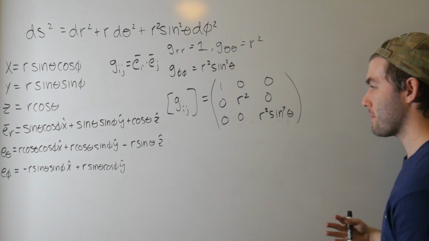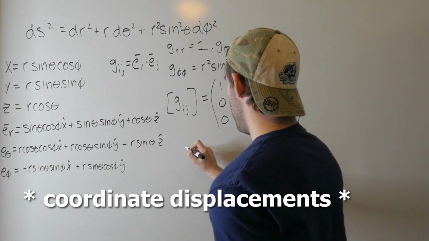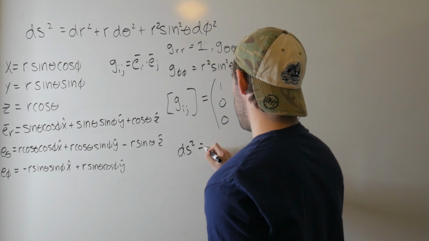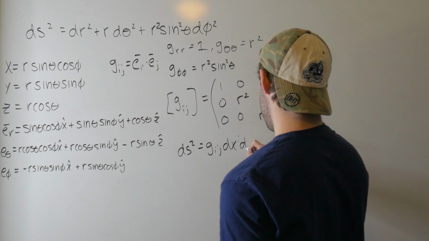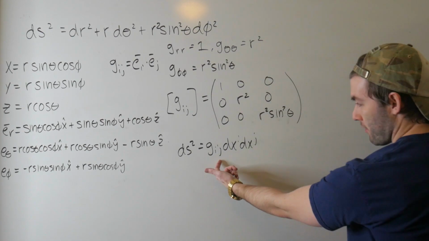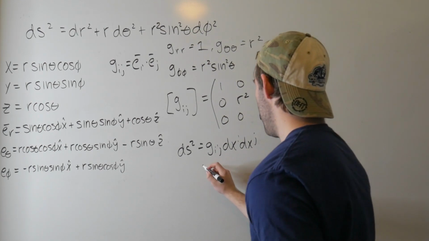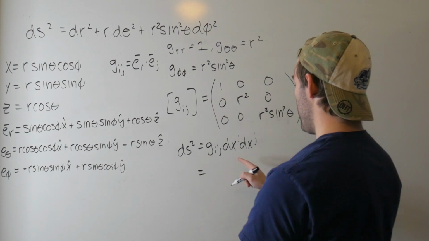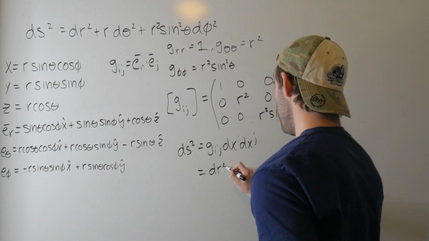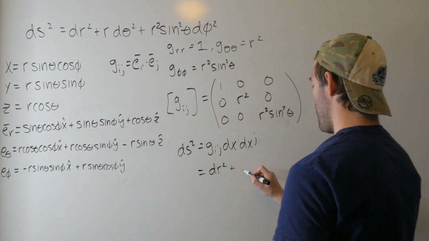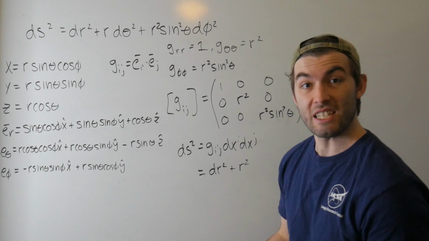And if we go ahead and multiply this out with our displacement vectors, so if we do ds squared is equal to g_ij dx^i dx^j, well, again, all the off-diagonal terms are 0, so we only have to sum the ones for i equal to j. That gives us g11 is 1, and then this is r, so it's dr squared, plus g22, which is r squared, and the second coordinate is theta, so it's d theta squared.